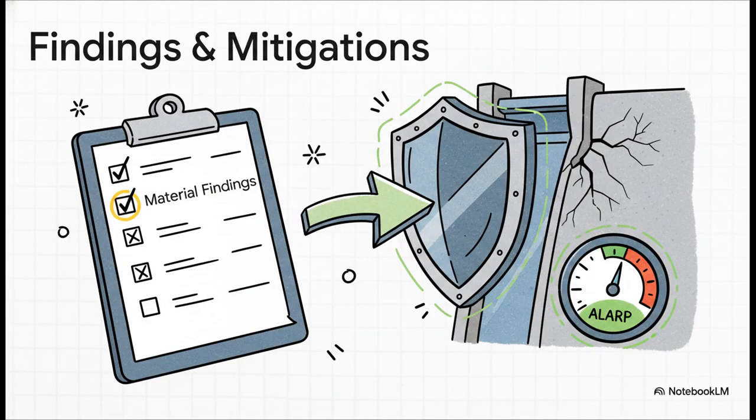So what happens if that independent review actually finds material safety issues? Well, the entity absolutely cannot hide them. Metric 10 requires a public black and white yes or no declaring if material safety findings were discovered. And if that answer is yes, Metric 11 immediately kicks in. The entity has to confirm whether they've implemented mitigation measures to reduce the risk down to ALARP. And ALARP, if you're not familiar, stands for as low as reasonably practicable.